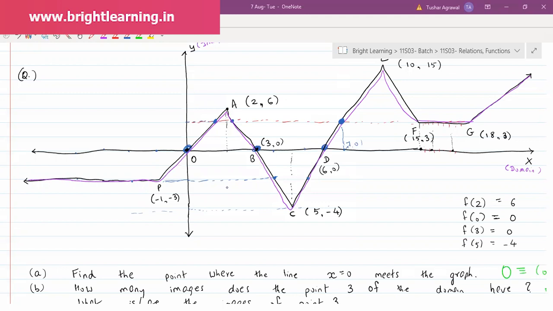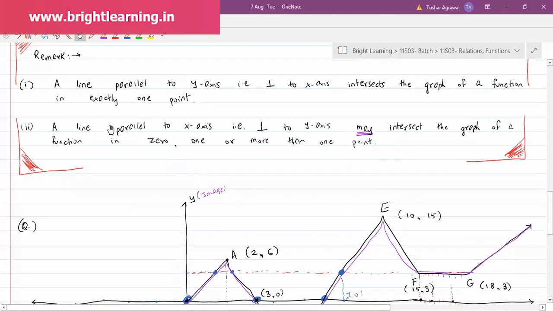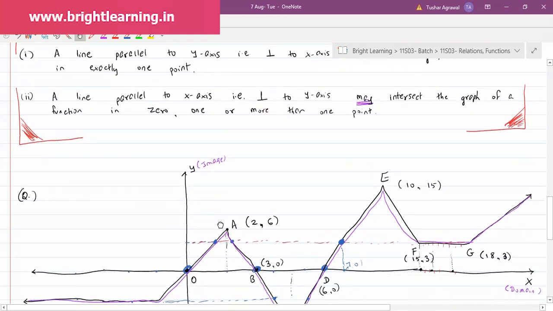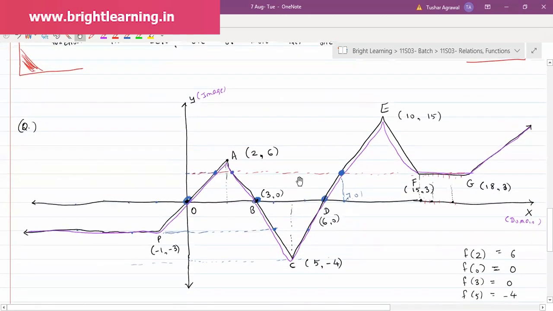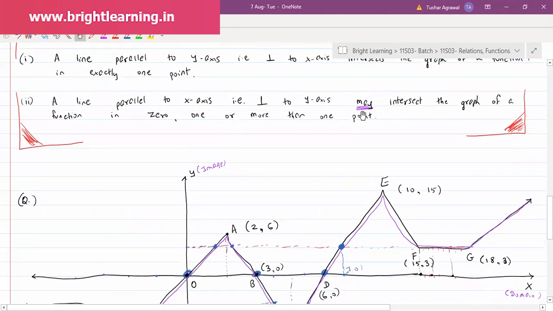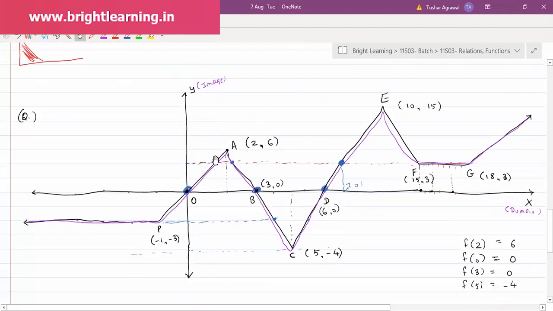So this is the meaning of graphs. Now from this, can you see the remarks that I gave you? A line parallel to the x-axis, that is the horizontal line. When I tell you a line parallel to the x-axis meets the graph, it means the image is fixed. Let's say the horizontal line y equal to 5.